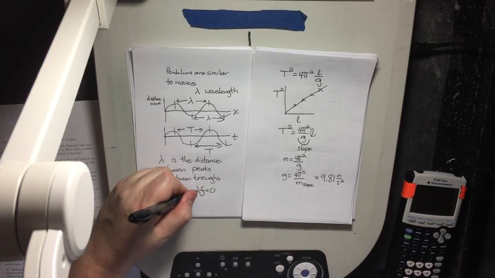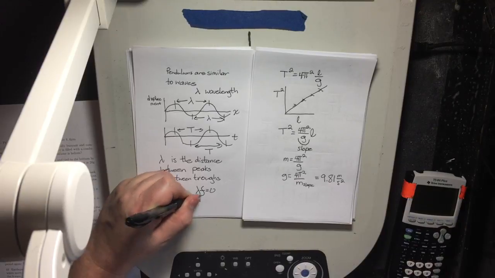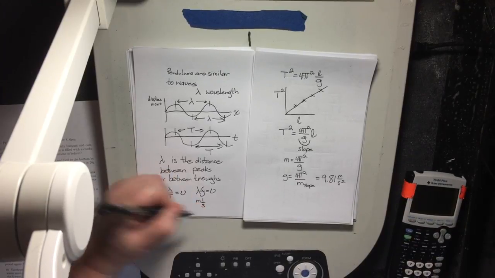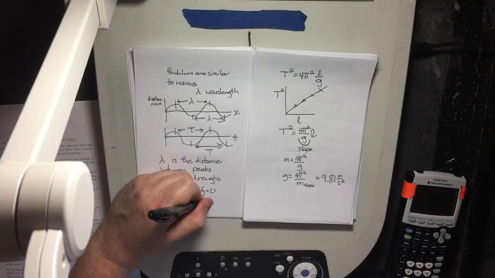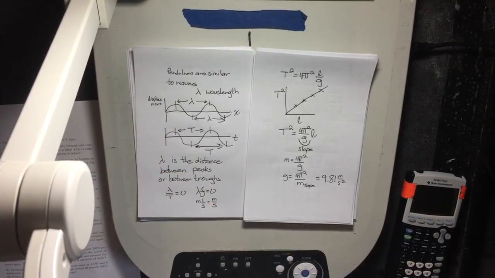The units of lambda are in meters, the units of frequency are in inverse seconds, and so that gives you meters per second. And so there are problems where it's asking for the velocity of a wave, so many bobs up and down over a certain amount of time. And this connects everything through.